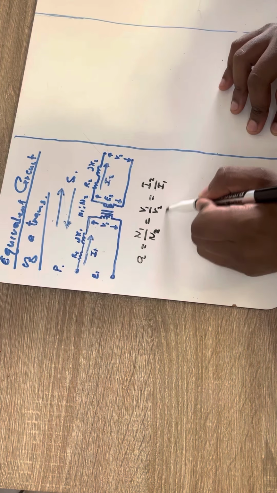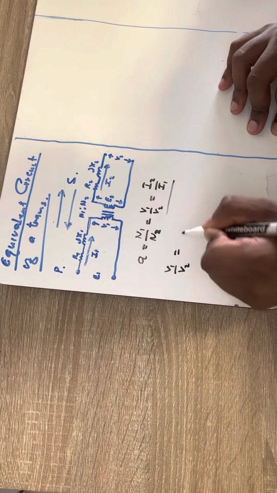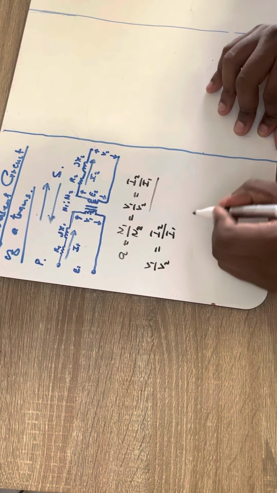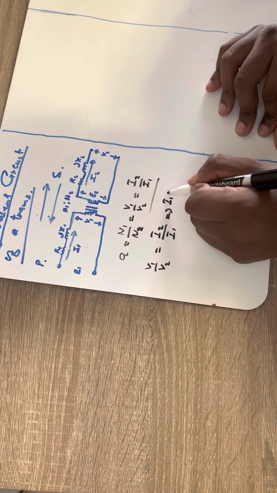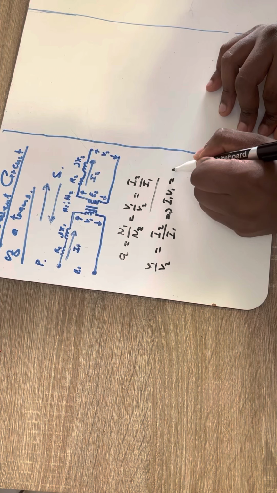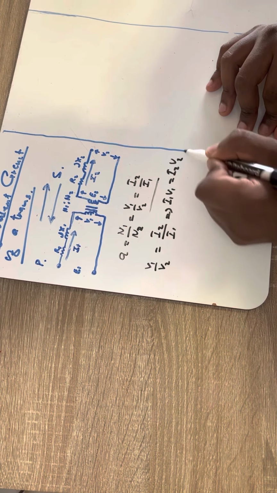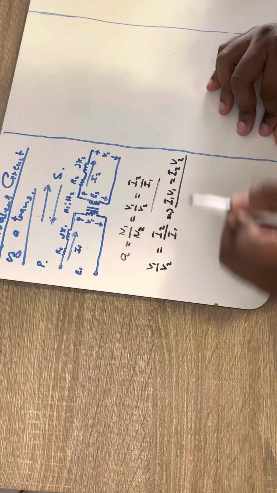So if we take the part where V1 over V2 equals I2 divided by I1, cross multiply, we will have I1 V1 equals I2 V2.